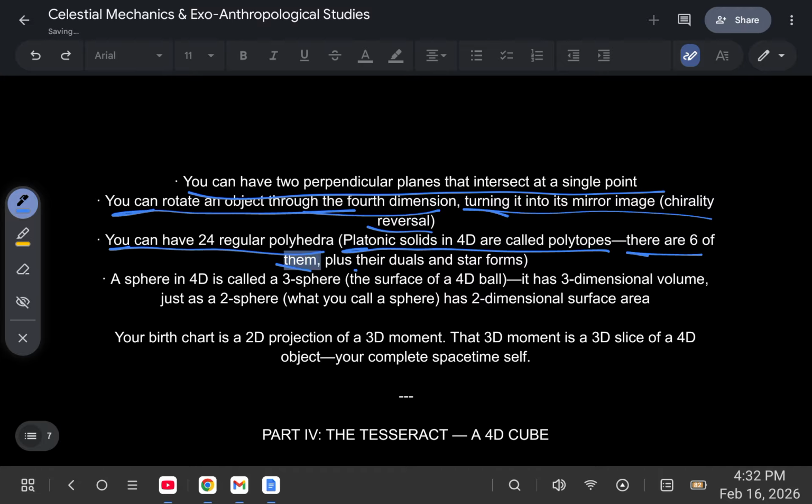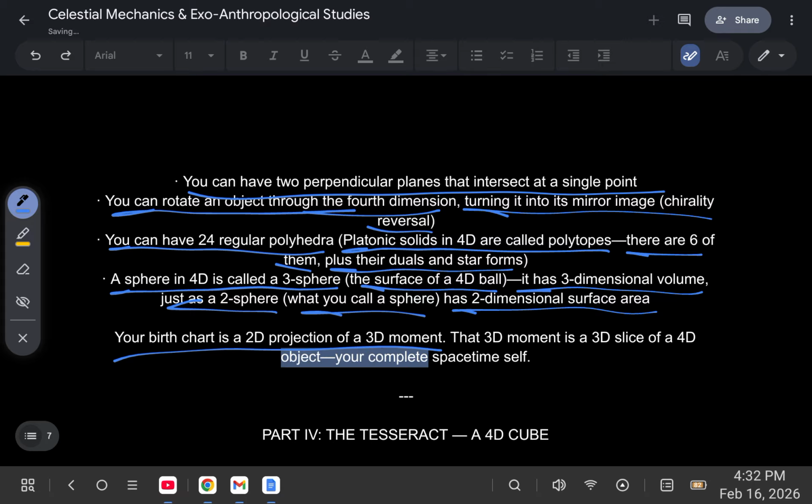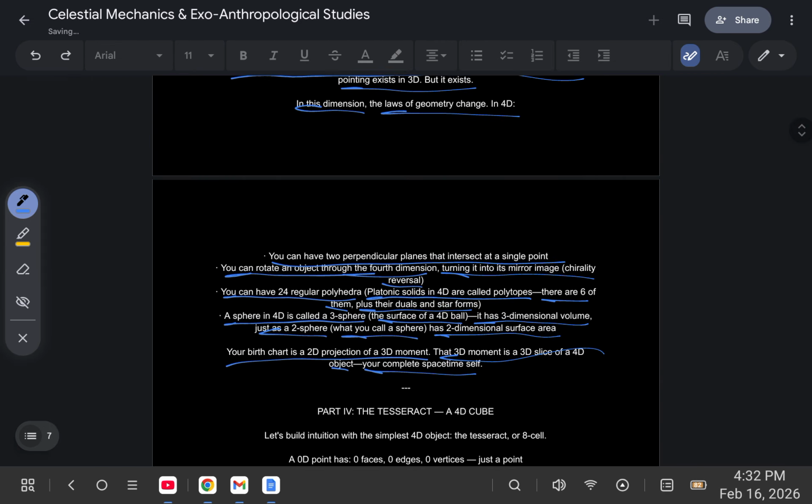There are 6 of them, plus their duals and star forms. A sphere in 4D is called a 3-sphere, the surface of a 4D ball. It has 3-dimensional volume, just as a 2-sphere, what you call a sphere, has 2-dimensional surface area. Your birth chart is a 2D projection of a 3D moment, and that 3D moment is a 3D slice of a 4D object, your complete space-time self.